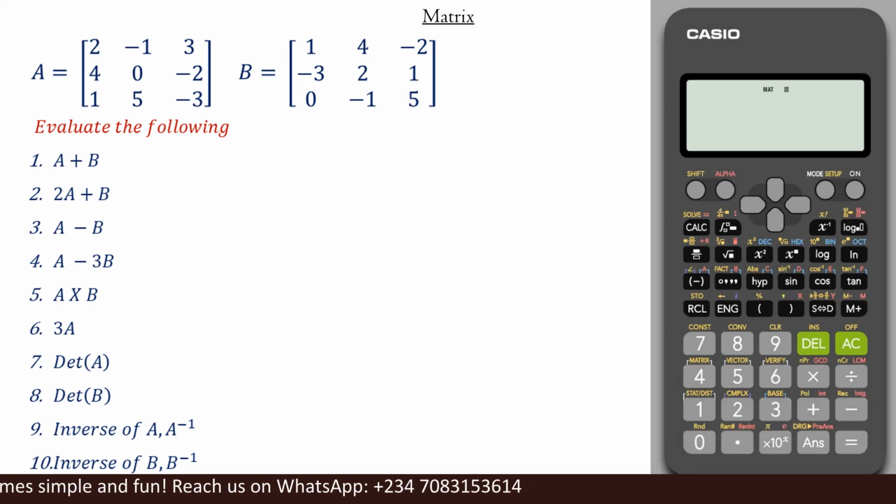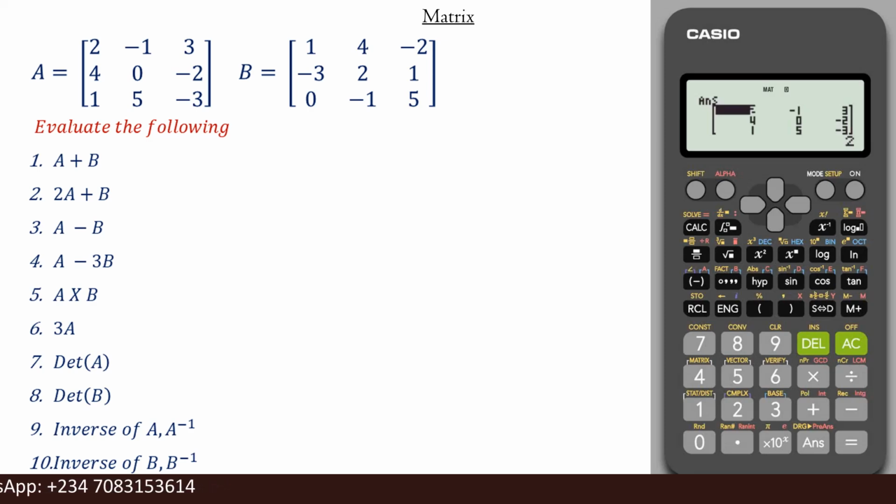It's going to give us the same matrix, right? Inverse of the inverse returns the matrix to its normal form. All right, yes. So this is how to use the calculator in solving matrices. Please pay attention, go through it again gradually, step by step, and then you will get to understand what we are talking about.